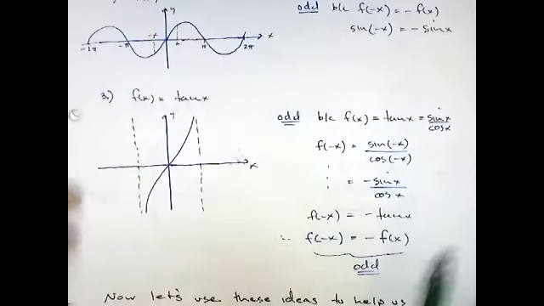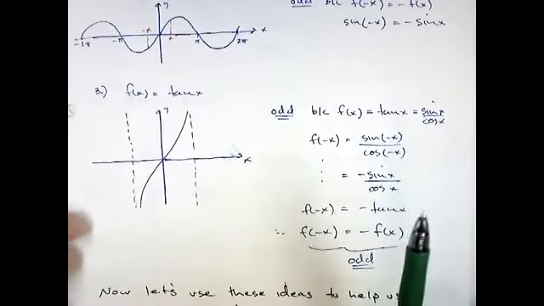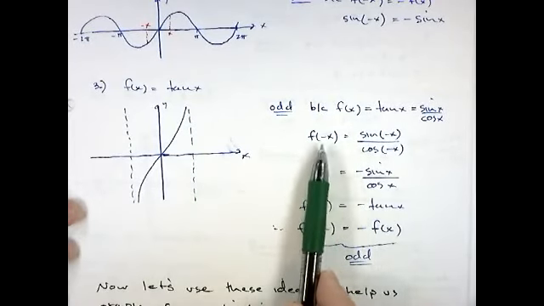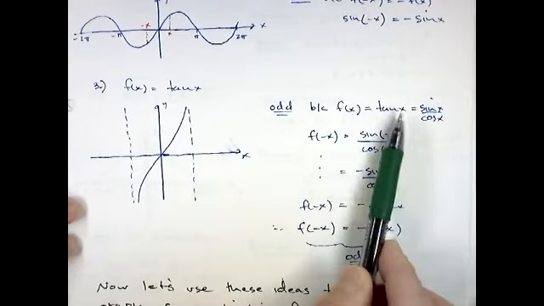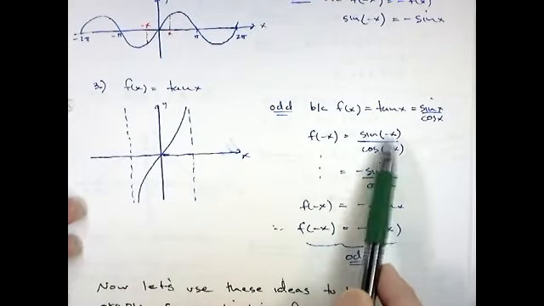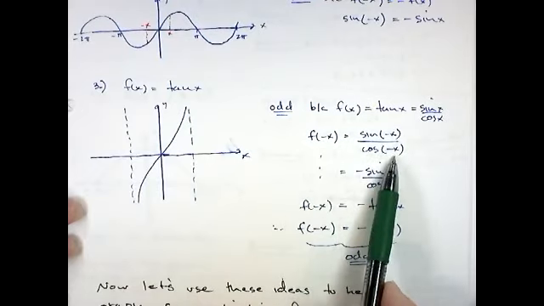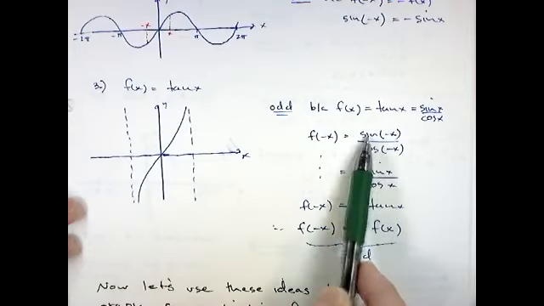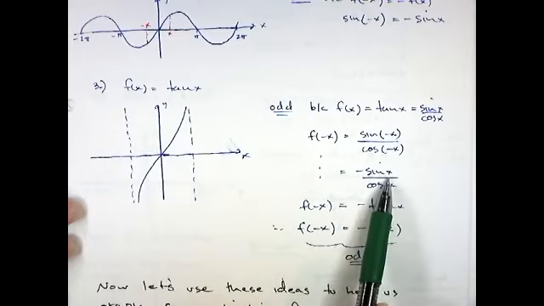One way you could prove this, though, and this is going to become important too at some point, is remember the test for an even or an odd function is to figure out what happens when you plug in negative x. Because tangent is made up of sine over cosine, f of negative x is the sine of negative x over the cosine of negative x. We already know sine is an odd function, so the sine of negative x is the negative of the sine of positive x.